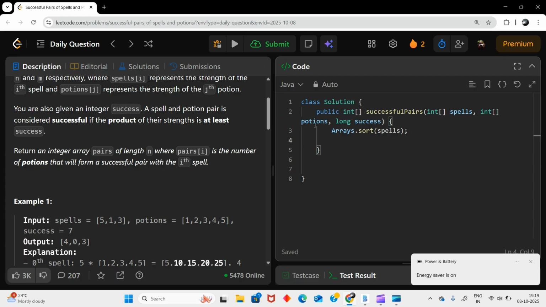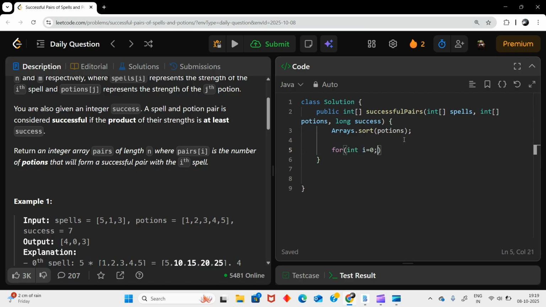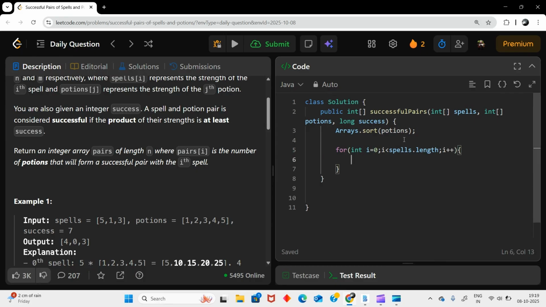We are going to sort the portions. And here, for int i equal to 0, i less than spells.length, i plus plus. And here we need the answer. The answer will be the size of what? Our spells.length.